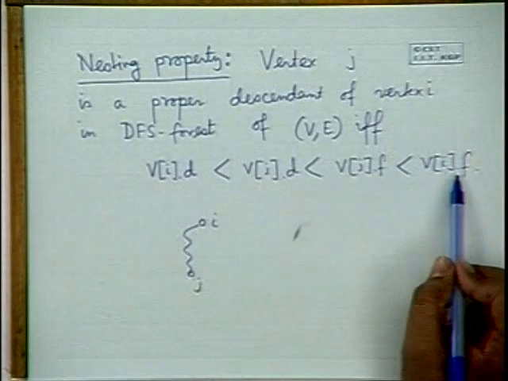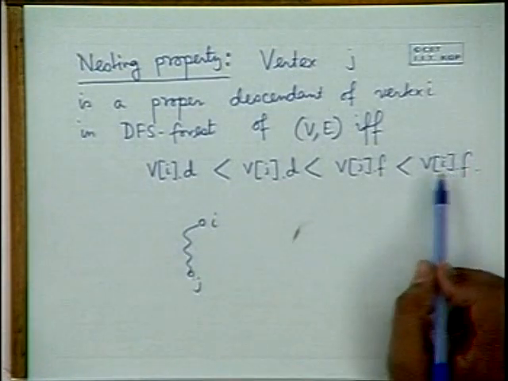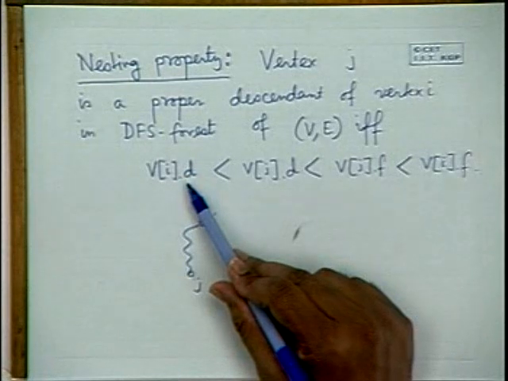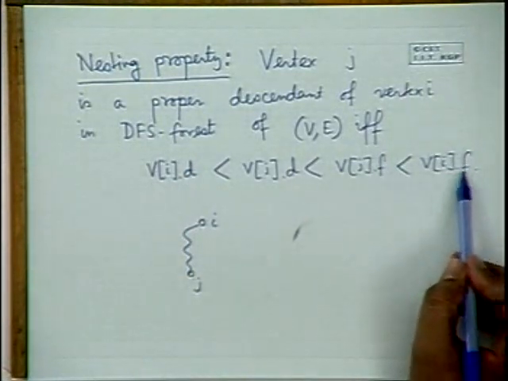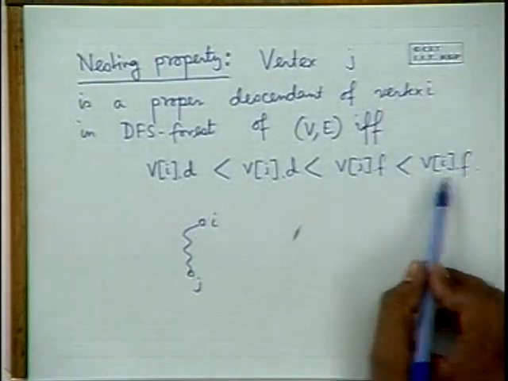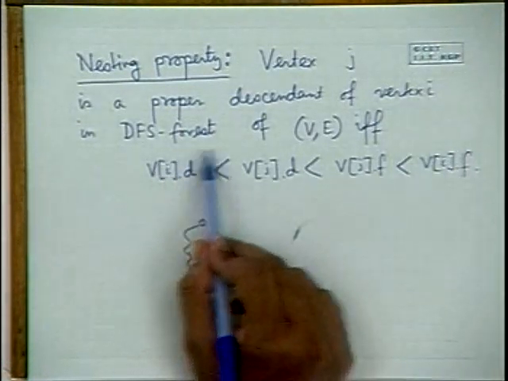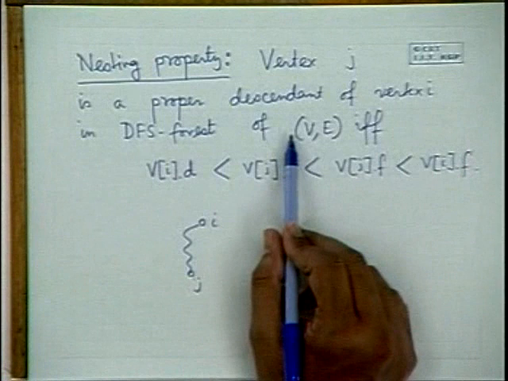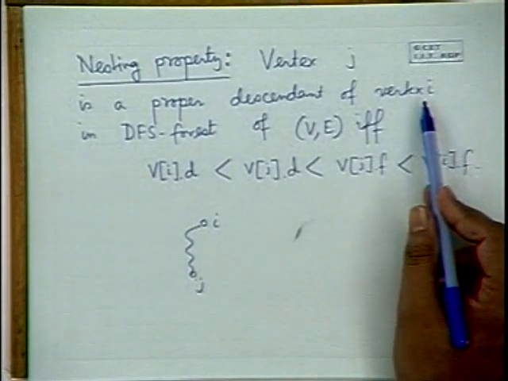Now if you see the way we are marking the finish time, it must be the case that the one which is visited earlier will be marked later. So that's why Vi dot f is greater than Vj dot f. And this is called the nesting property. If this is satisfied, then you can also say that j must be a descendant of i.